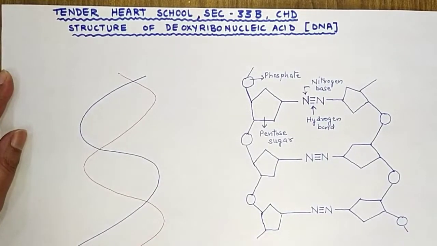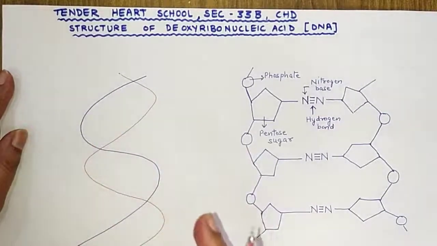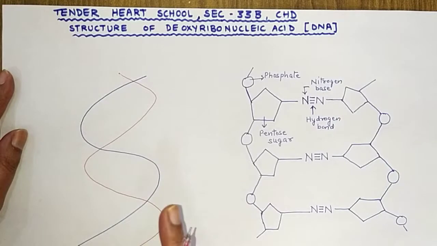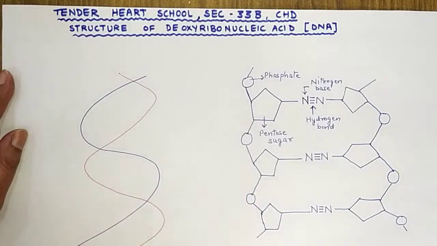So this way. The two strands of DNA are making a double helix structure, spiral structure along a single central axis, right? So two strands are running in a spiral formation, double helix structure, double because two strands are there, and helix is spiral.